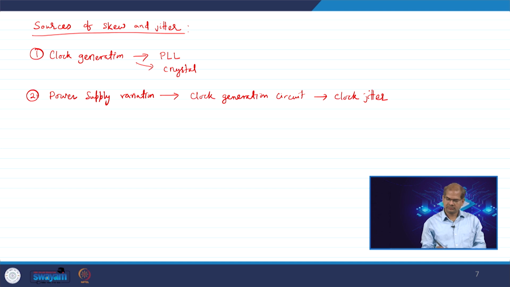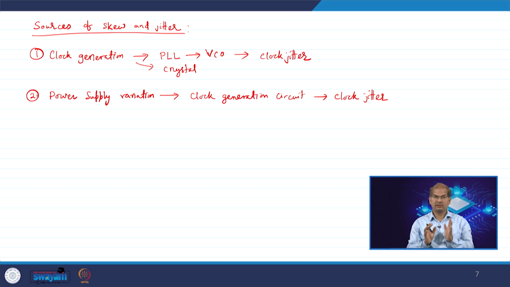The PLL's VCO noise will create clock jitter. So we need to look for a VCO which is producing less jitter actually.